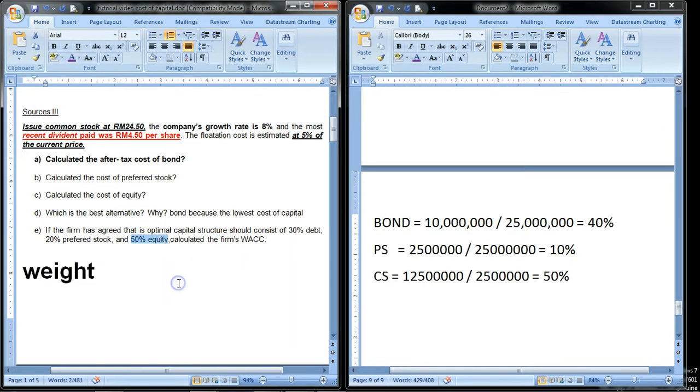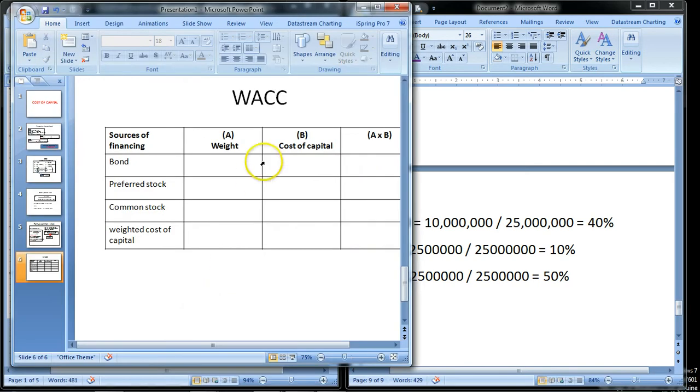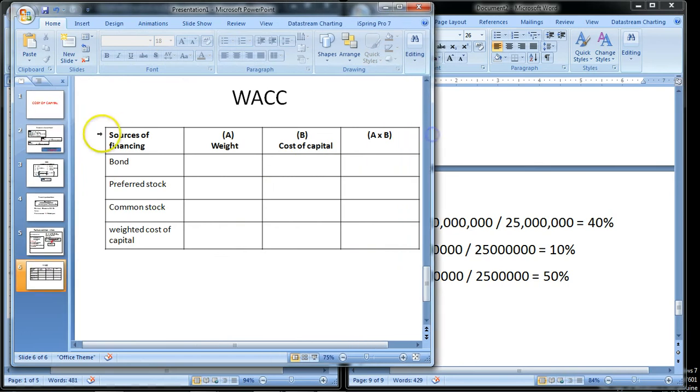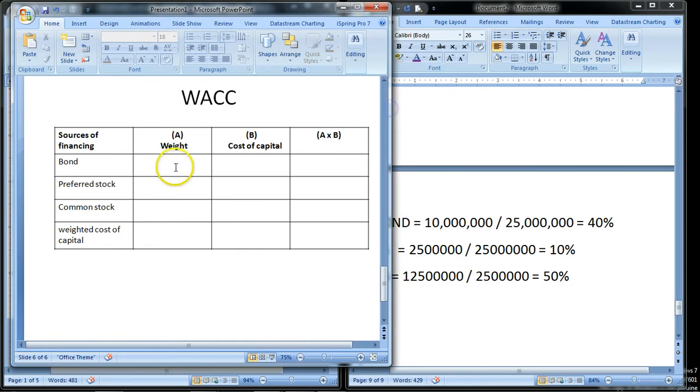But in this question, the question gives you 30% debt, 20% preferred stock, and 50% equity. So how to calculate, class? Come, I'll show you. First, this is the table for WACC. First of all, you need to put in the weight. That's why, for the other question just now, you need to calculate the weight, because you need to put it in the WACC table.